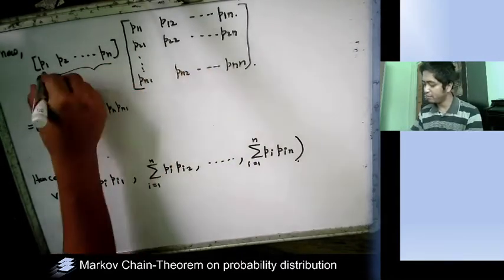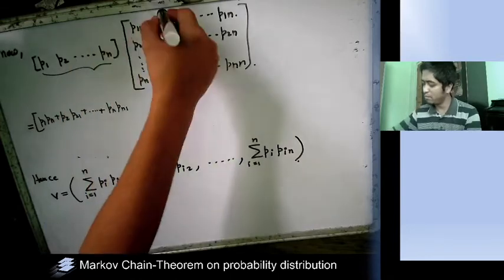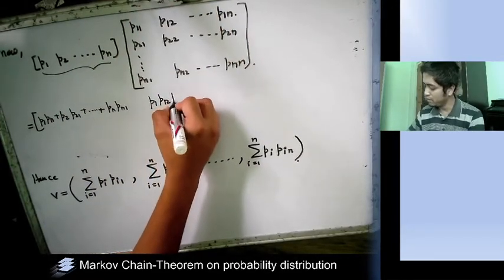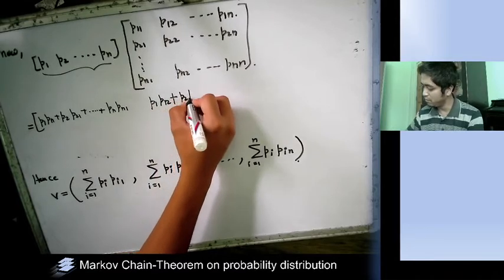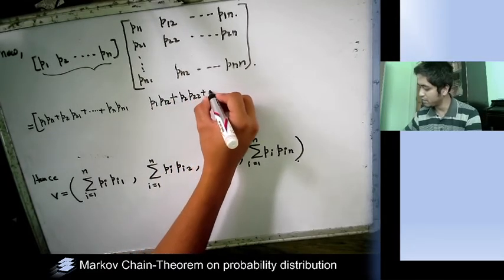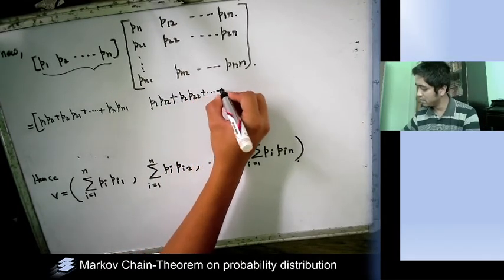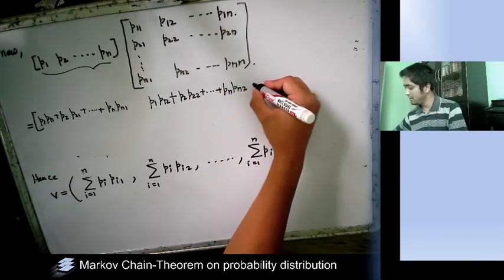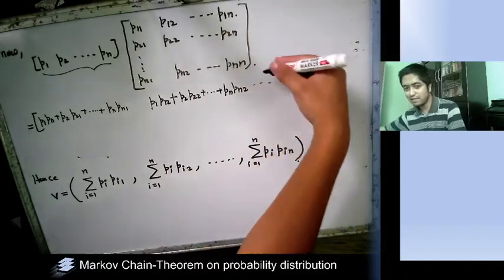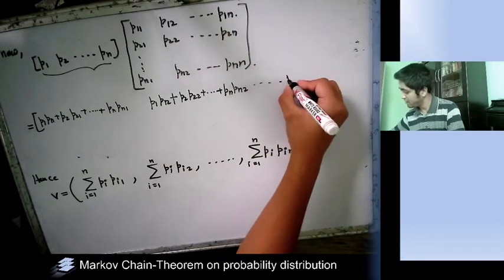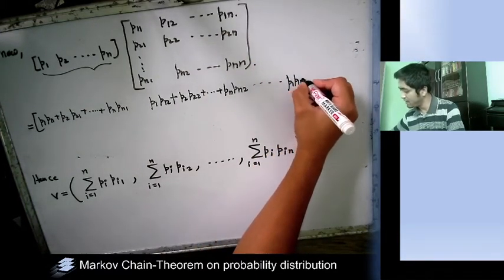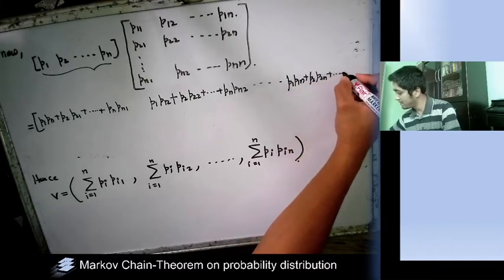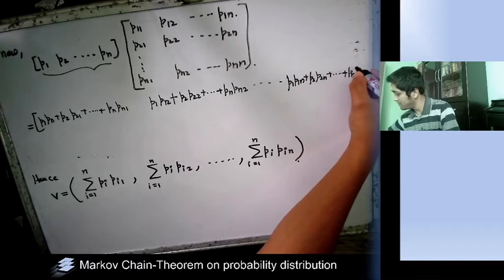The second entry will be this row multiplied by this column, which will be P1 P12 plus P2 P22 plus Pn Pn2. Ultimately the last entry will be P1 P1n plus P2 P2n plus Pn Pnn.